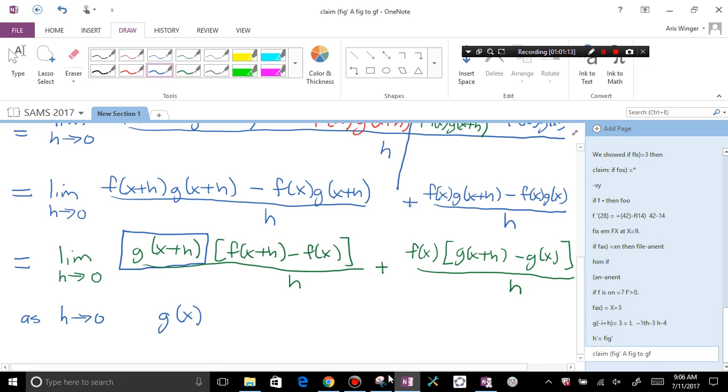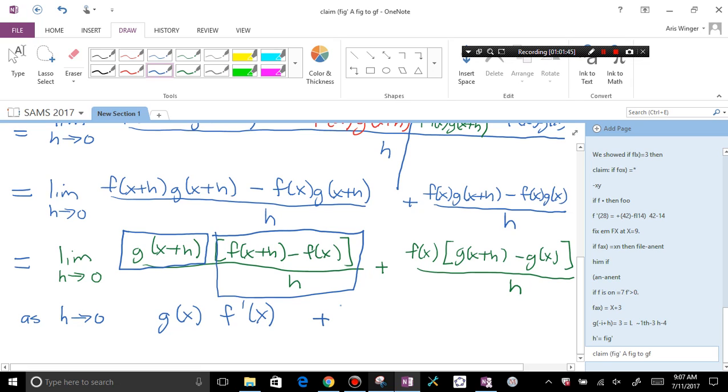And what does this go to as h goes to 0? What's the limit as h goes to 0 of f of x plus h minus f of x over h? It is f prime of x, and thank goodness someone saved us today.